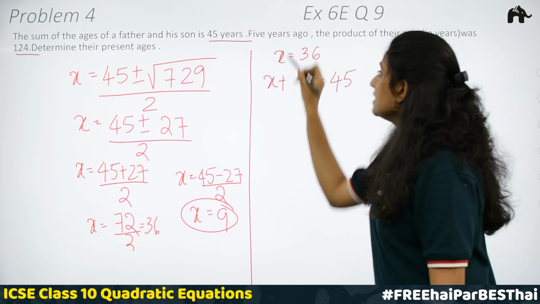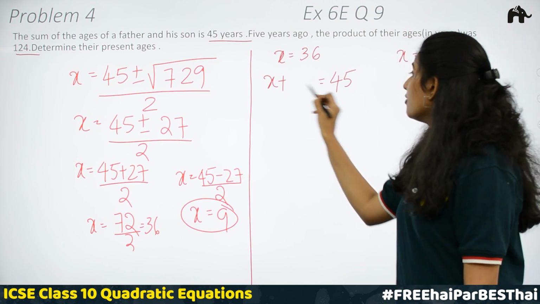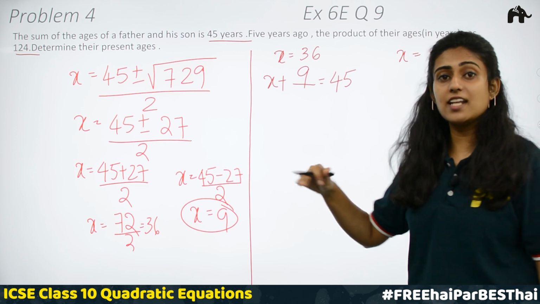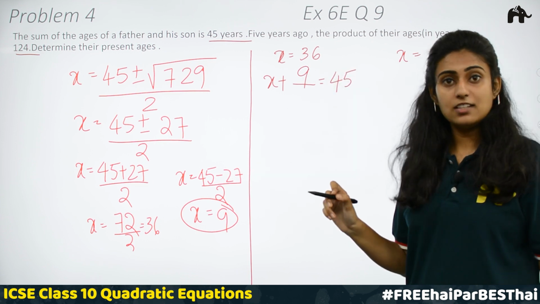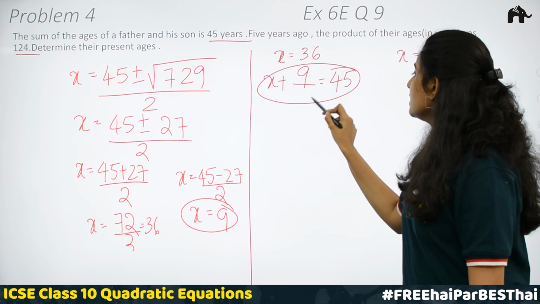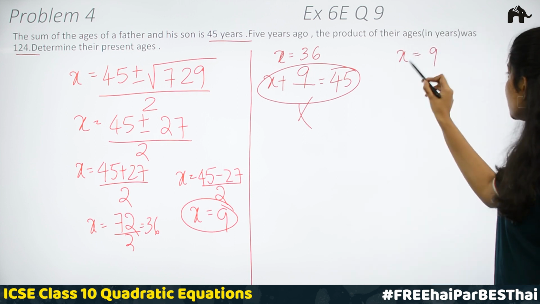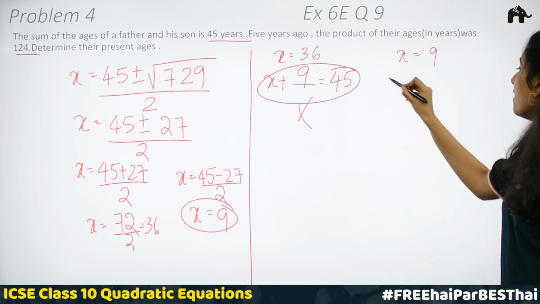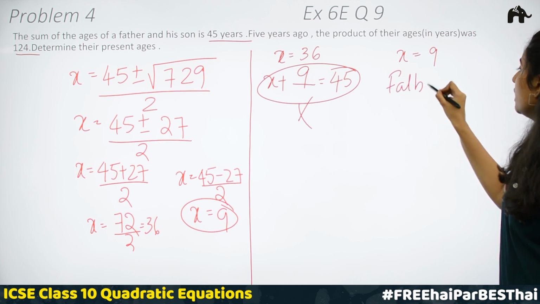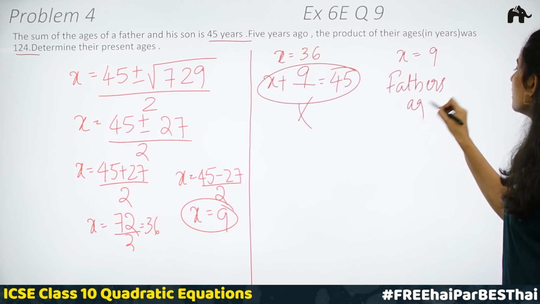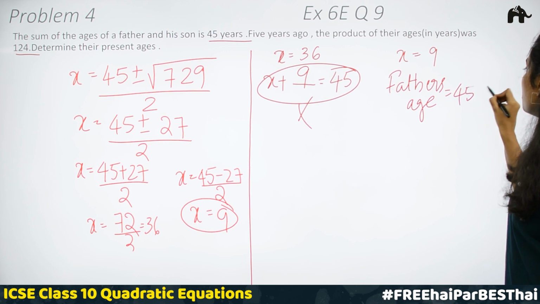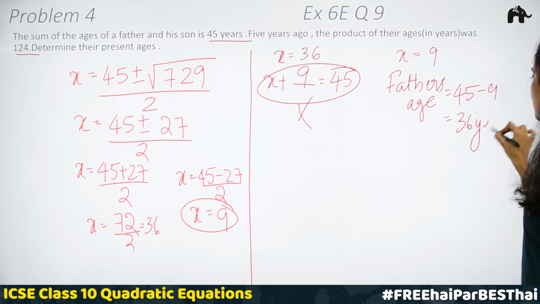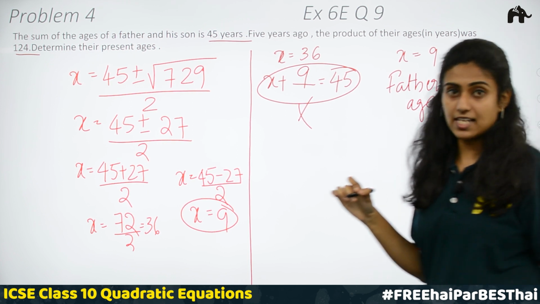If x is equal to 36, father's age should be 9. Can father's age be 9 and son's age be 36? This is not possible. So, this is not acceptable. x is equal to 9. If son's age is 9, father's age will be equal to 45 minus x, that is 36 years. This age is acceptable, right?